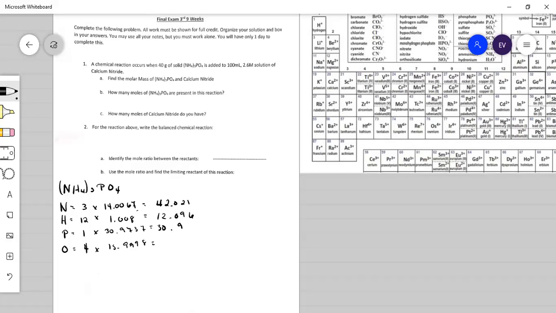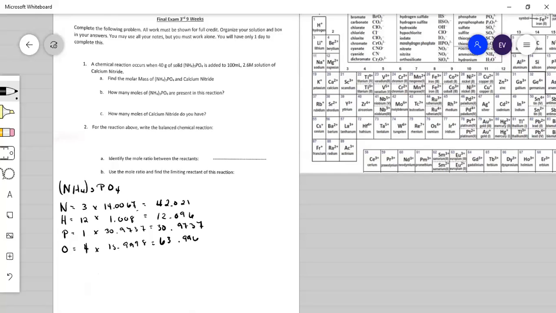Didn't need a calculator for that. And then 4 times 15.9998 is equal to 63.996.